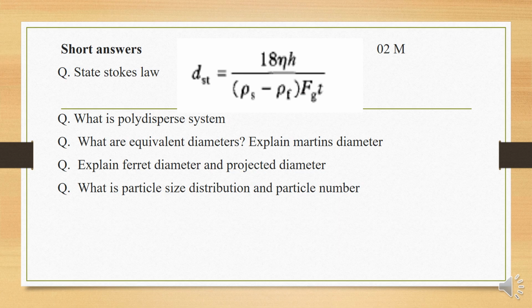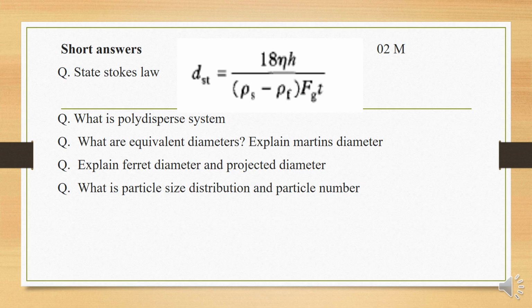Next question is about what is a poly disperse system. So we have to write about the poly disperse system. So we have to get an idea about this poly disperse system, that is under powder size. Poly disperse means, we know most of the pharmaceutical powders are poly disperse, that means they contain particles of different size.